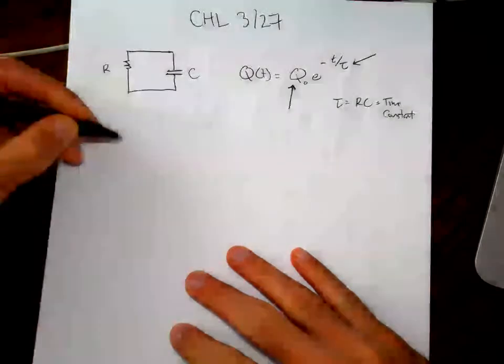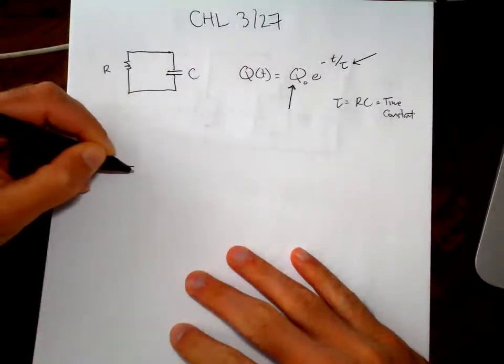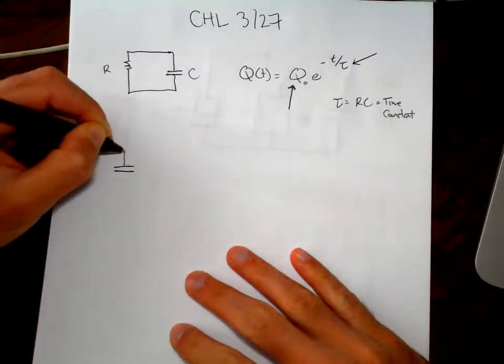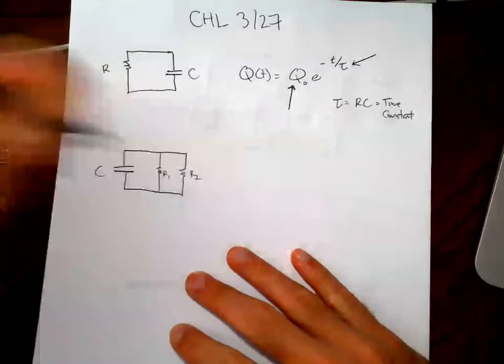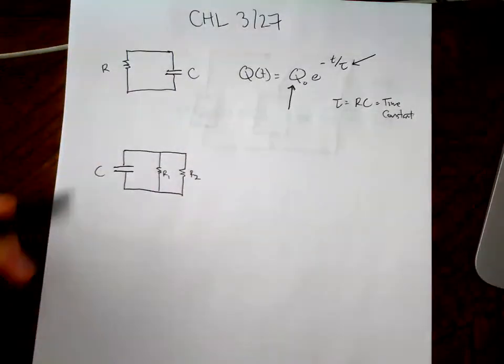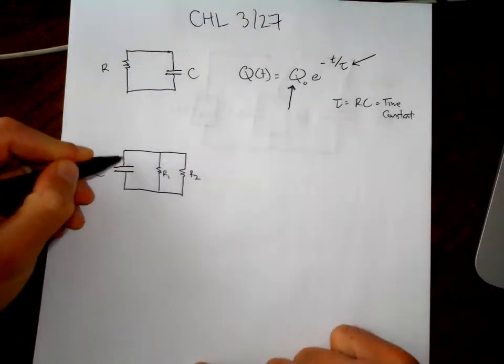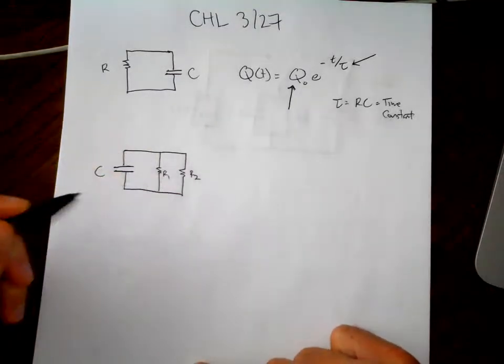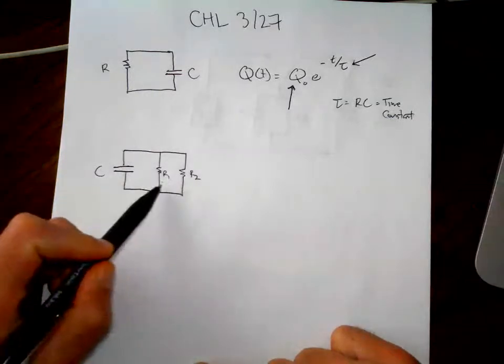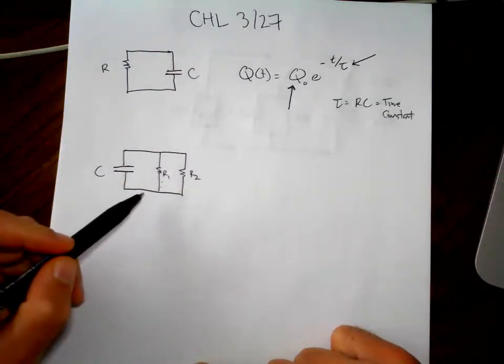So for example, what if you had an RC circuit that looked like this? What is our time constant going to be in that case? Well, in this case, you can see that the capacitor is discharging through the parallel combination of R1 and R2.